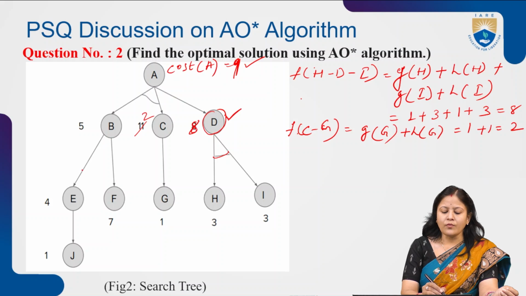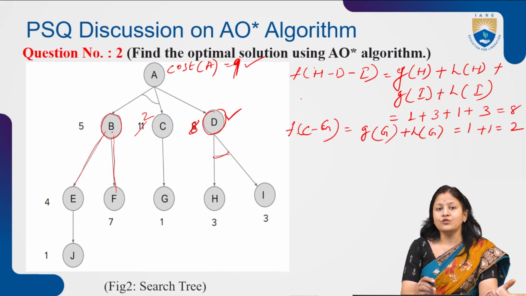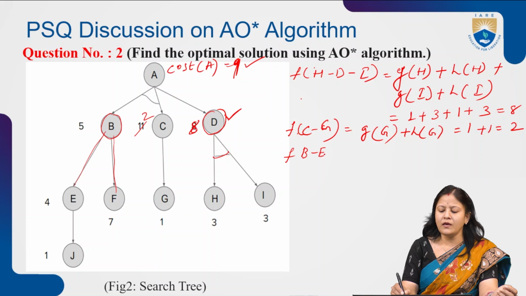Now we will explore this path. If we consider B as the root node, it has two children, one is E, another one is F. So two paths BE and BF we'll calculate separately, then we'll compare their minimum heuristic value to change the cost of B. I can write f of BE is equal to g of E plus h of E. g of E is 1, the heuristic value of E is given as 4.